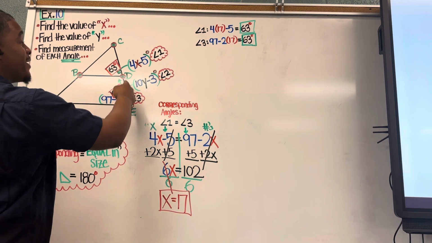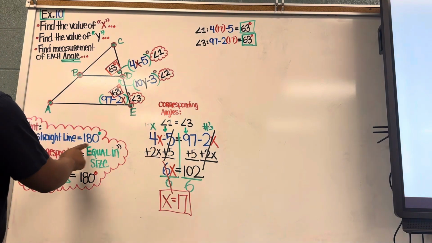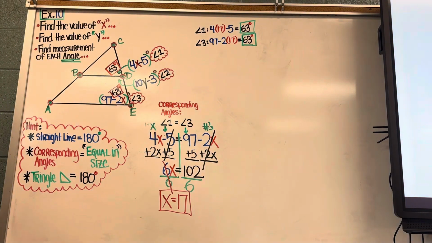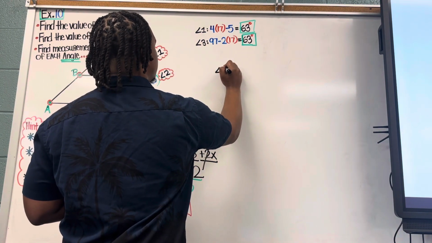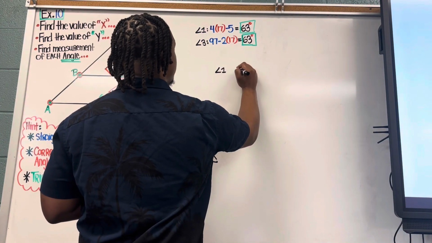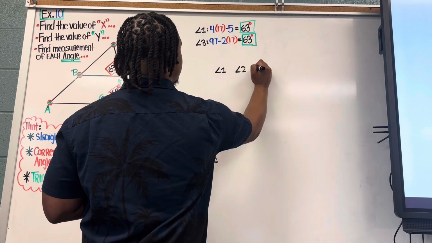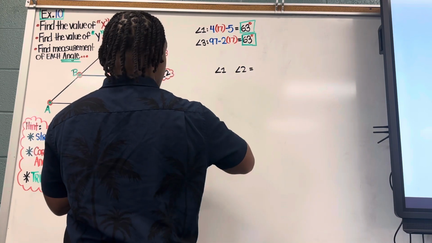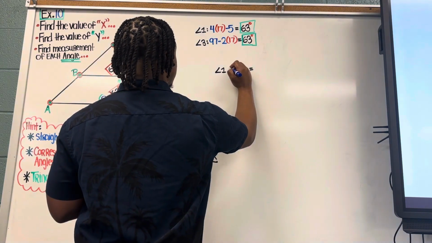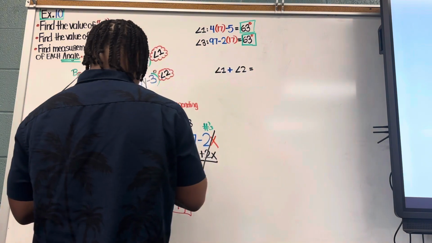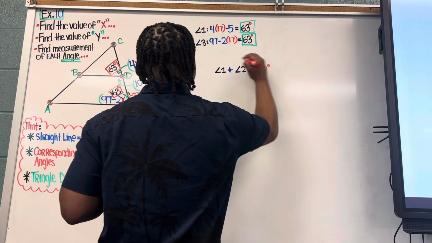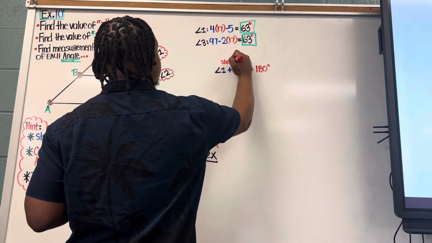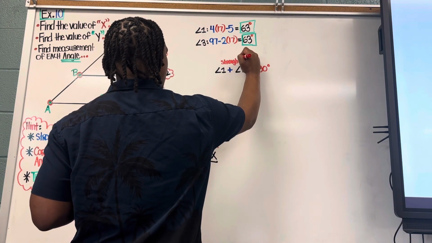Remember, angle 1 and angle 2 both create a straight line, meaning that angle 1 plus angle 2 equals 180 degrees, because they both sit on a straight line, side by side.